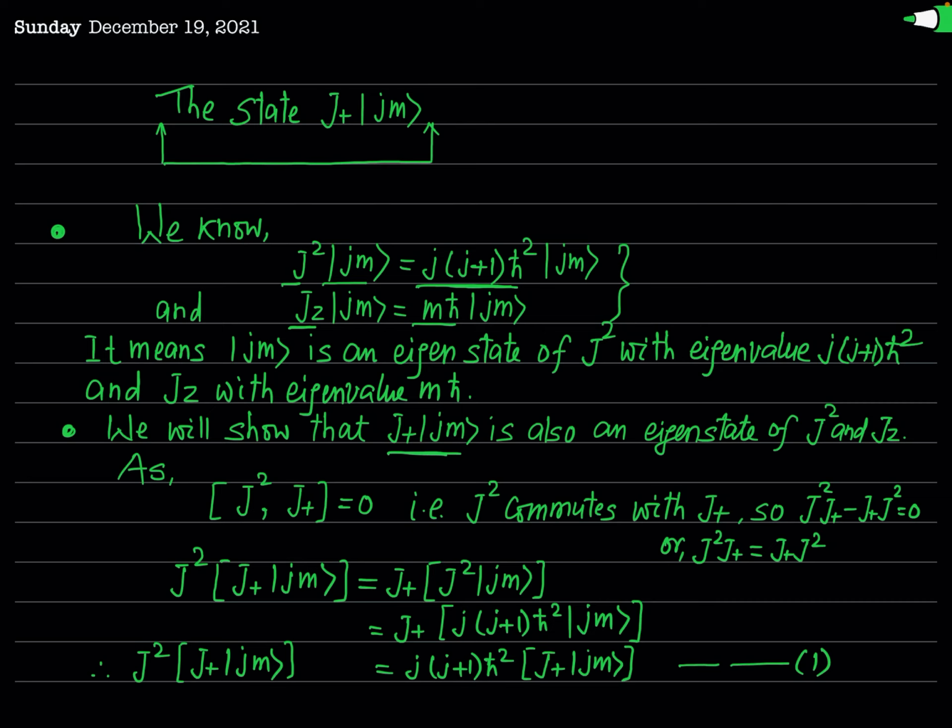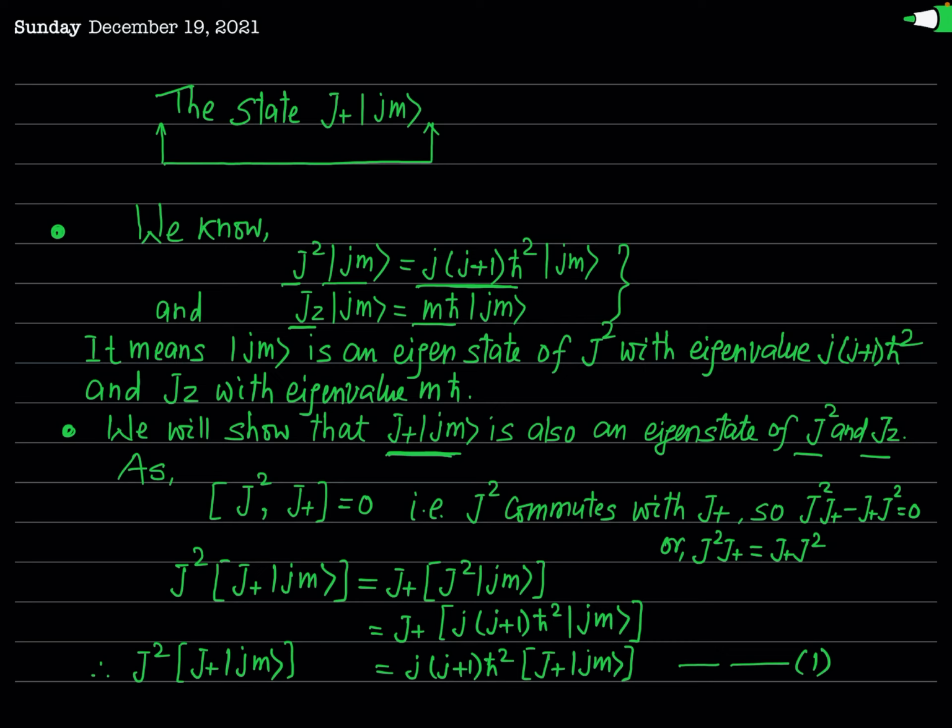You have already seen that |j,m> is the eigenstate of operators J squared and Jz, but in this lecture we are going to see that when we operate the raising operator J plus on |j,m>, then we get a new eigenstate, and this eigenstate is an eigenstate of the operators J squared and Jz. But what will be the eigenvalues in this case, we will also see here.